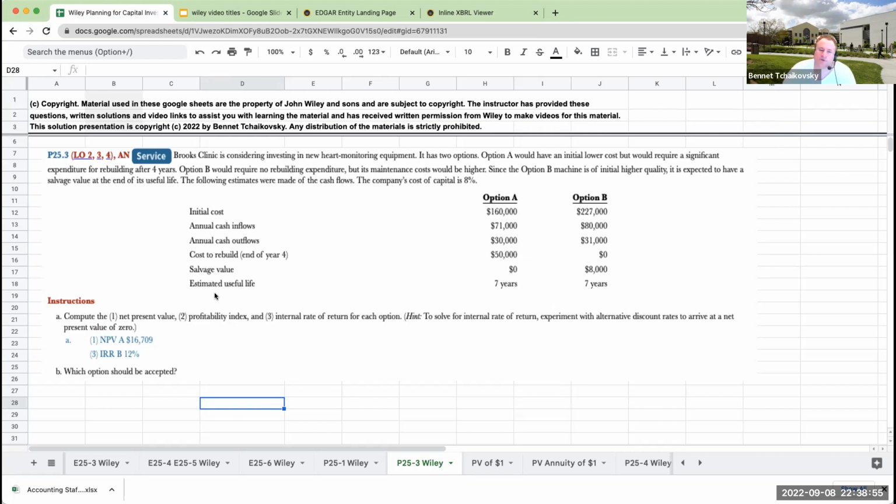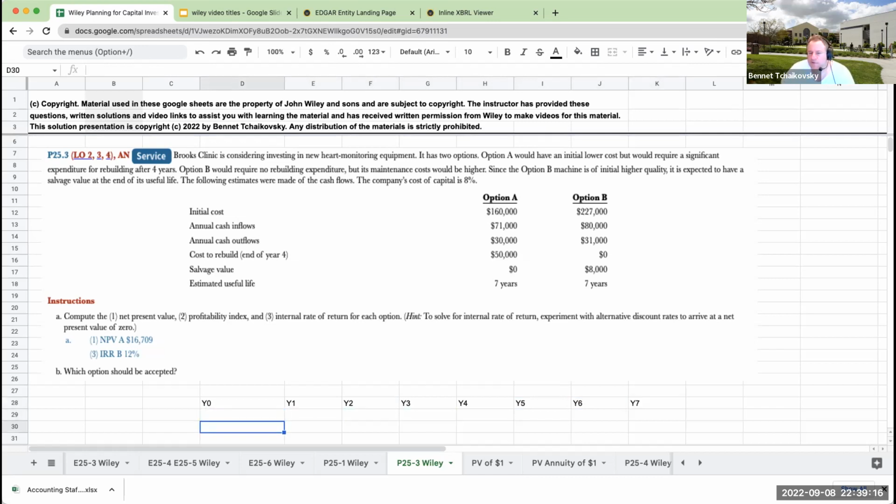When we get these questions, what we want to do is chart out the cash. So we have year 0, year 1, year 2, year 3, year 4, year 5, year 6, and then year 7.